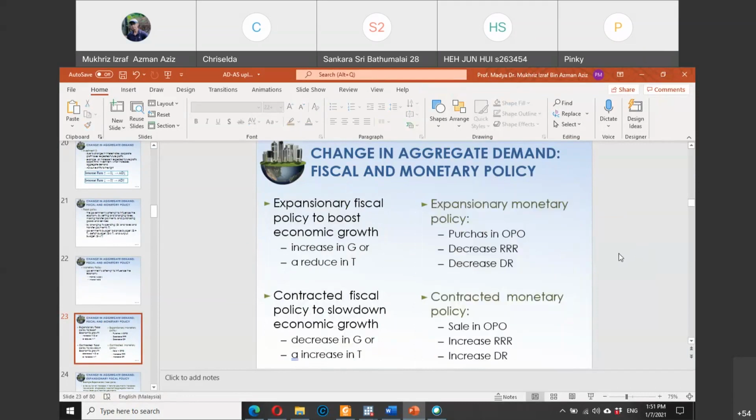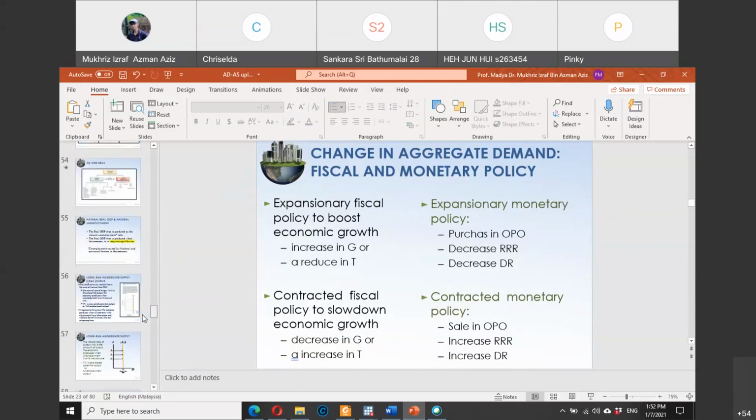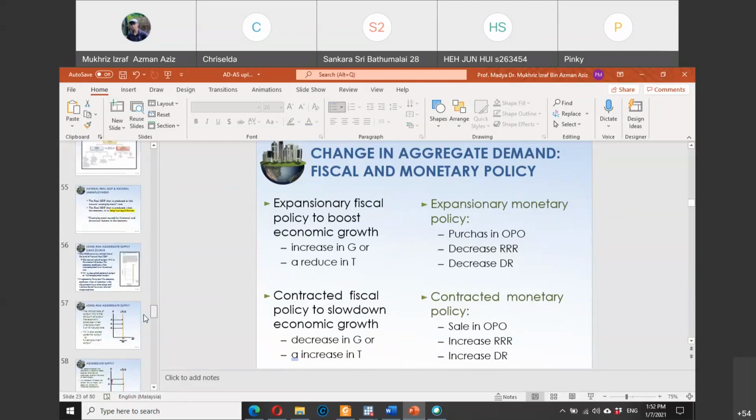As we discussed in chapter 13 and chapter 12, when you look at the role of the central bank, the central bank can use different tools or instruments in order to change the interest rate or to change the money supply, and that is part of monetary policy. So monetary policy is usually done by the central bank, and fiscal policy is done by the government.